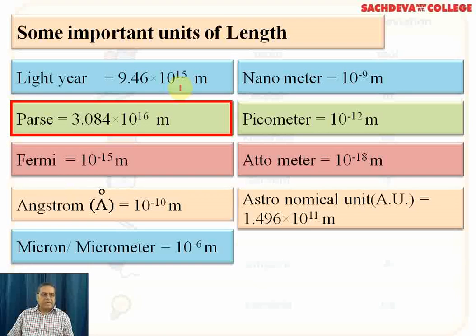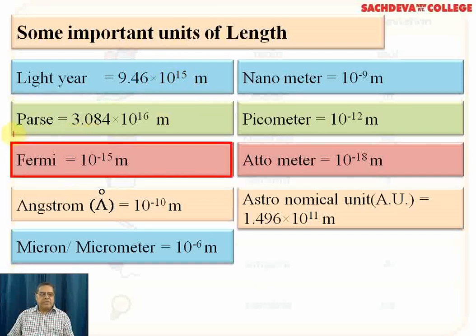Then comes the parsec. Parsec is further bigger than the light year. It is supposed to be 3.26 light years, or it is 3.084 into 10 to the power 16 meters. After this, a very small unit of length comes, and that is the Fermi. Fermi is a unit for recording the size of the nucleus.